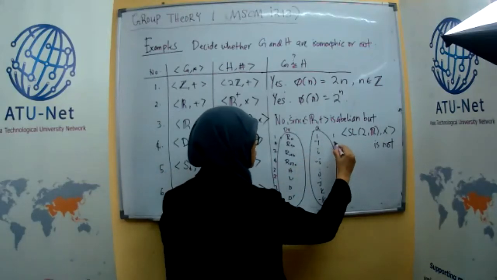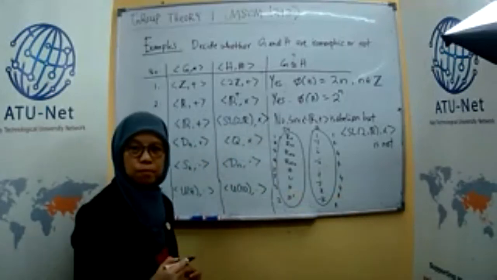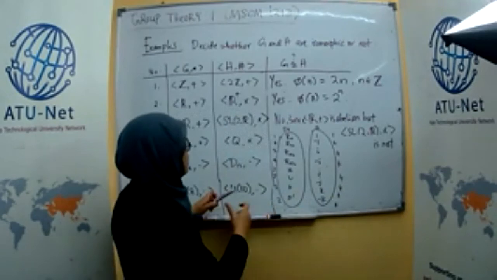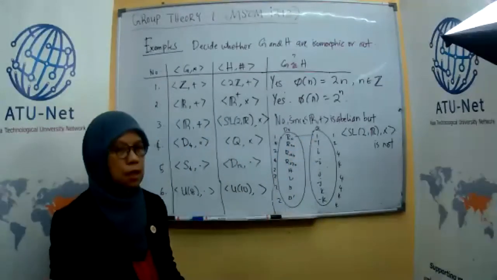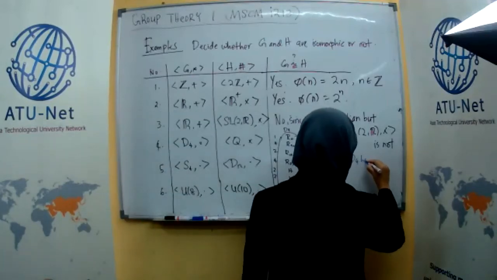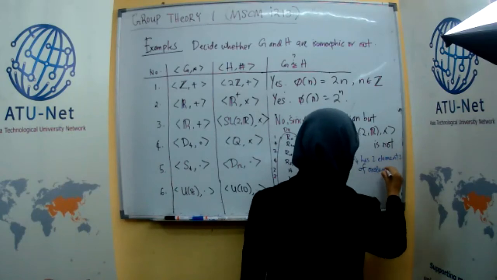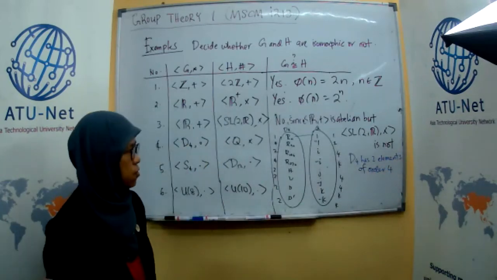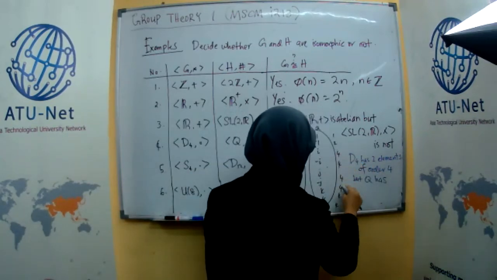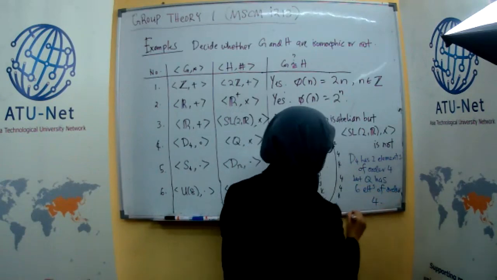This is order 1, order 2, and these are all order 4. You can map the identity to the identity. Now D4 has 2 elements of order 4, but Q has 6 elements of order 4.